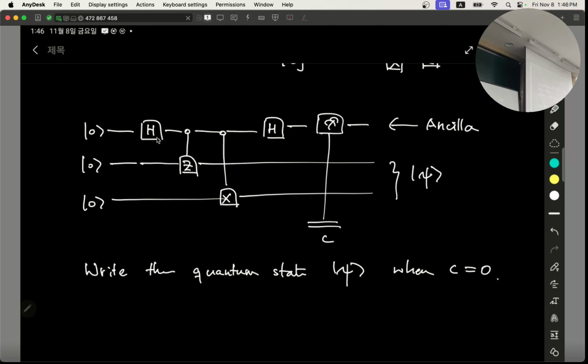Try to compute all the steps, and then, assuming that your readoff on the top register C is equal to zero, what is the quantum state of the 2-qubit state? These two are considered the data qubits. So you're trying to get the quantum state on the data qubits when your readoff at the ancilla is zero.